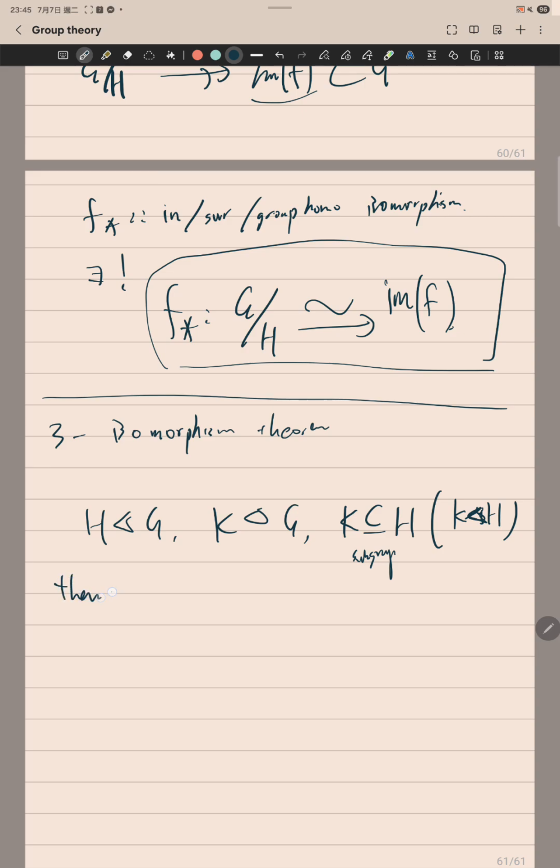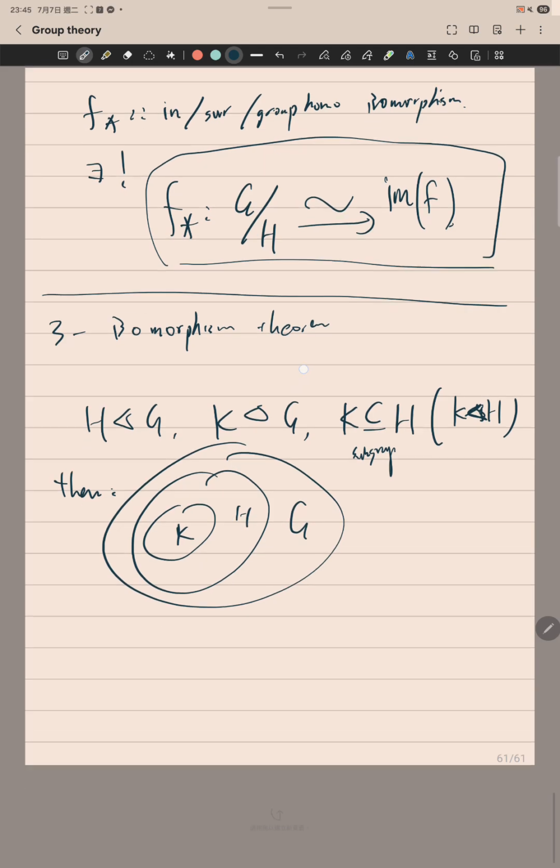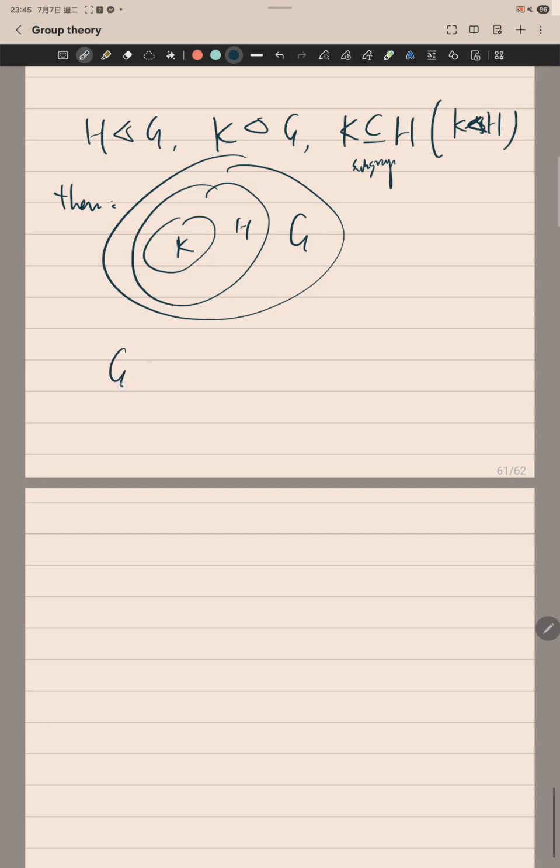Now we have K, H and G. This theorem says that G quotient K is the largest one, right?